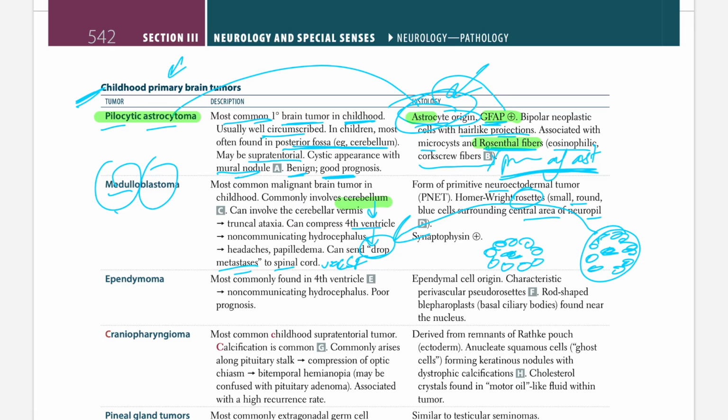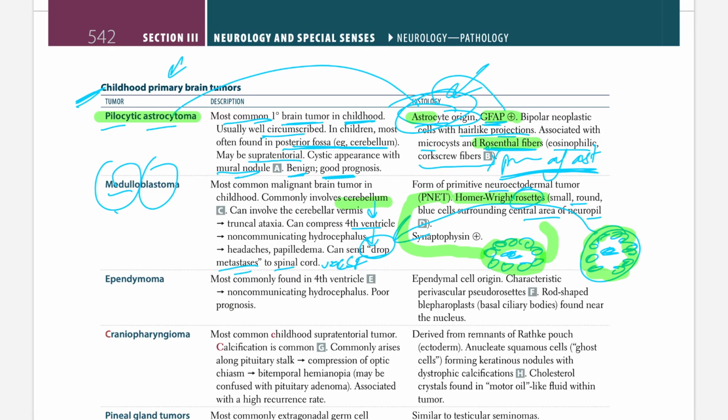So one more important point is that these PNET cells are going to surround the central area, which is filled by neuropil. And that is what is called the Homer Wright rosette. As you can see there, these are the rosette-type surroundings, right?